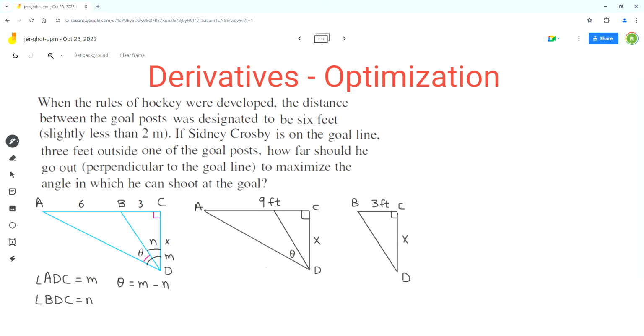Since we want to use the tan function to analyze theta, we can apply tangent function to both sides of this equation.